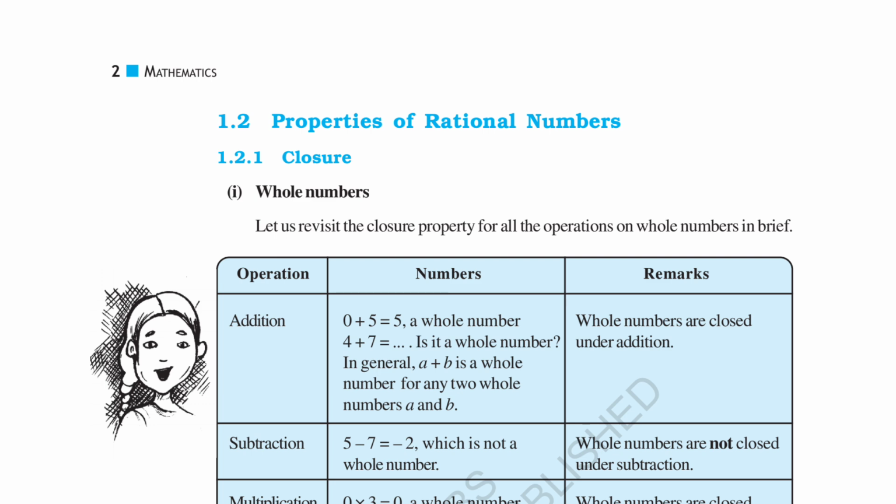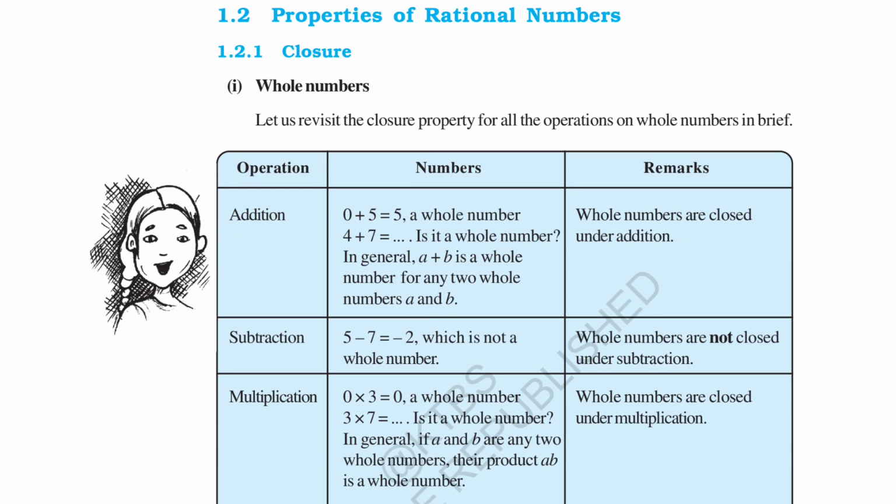Okay, today let us discuss the properties of rational numbers. The first one is the closure property. First, we are going to see the closure property for the whole numbers. You already know which are the whole numbers. The whole number set starts with 0, 1, 2, 3 and so on.